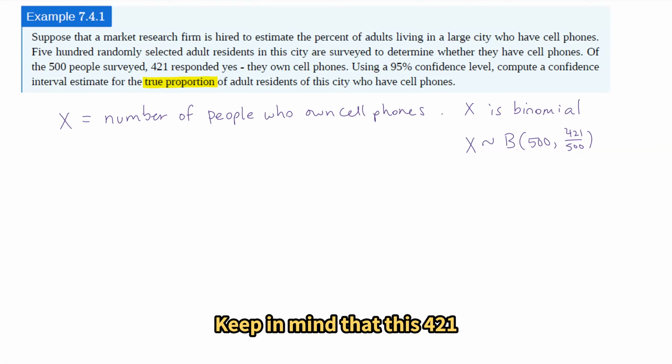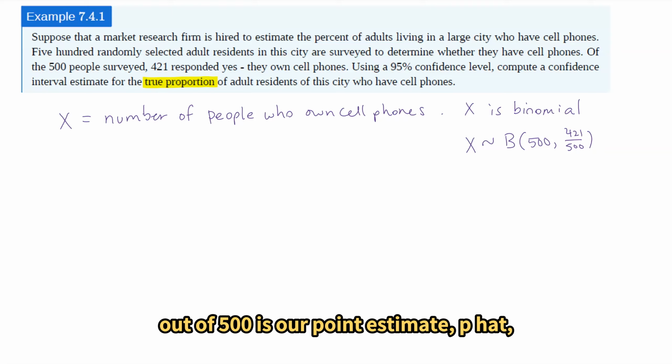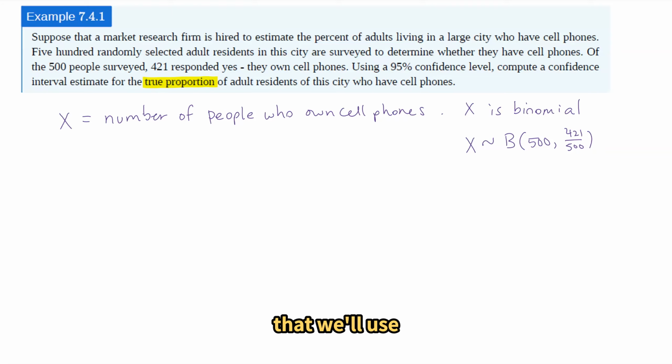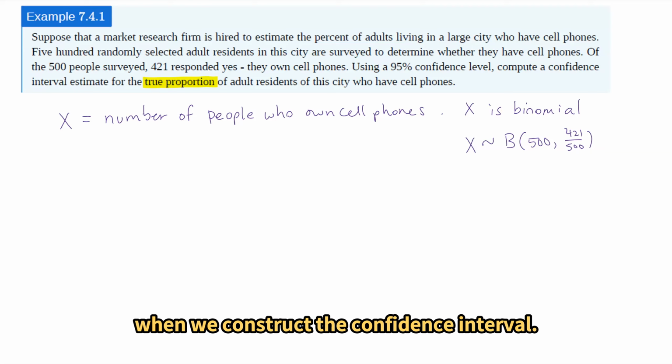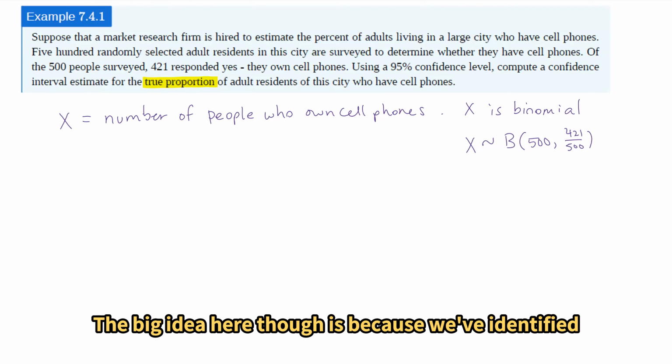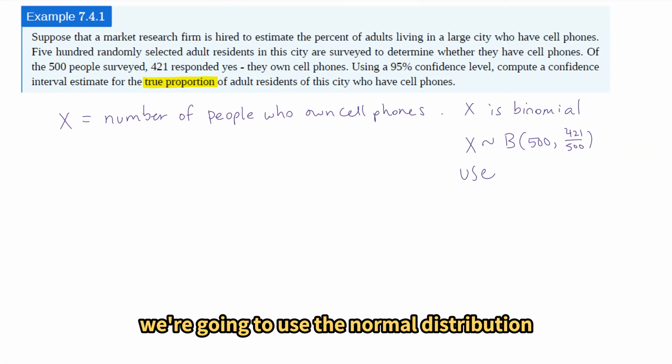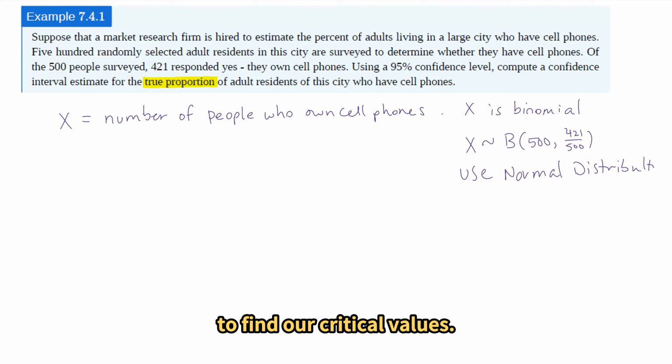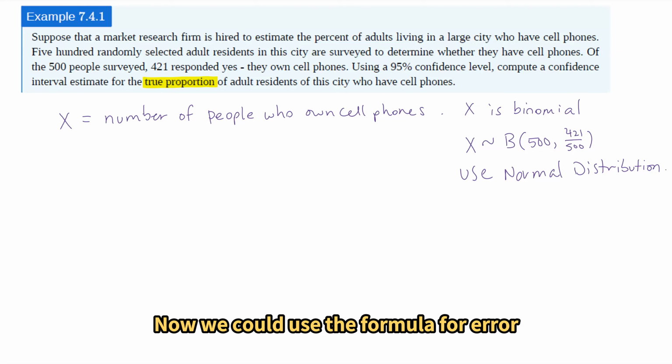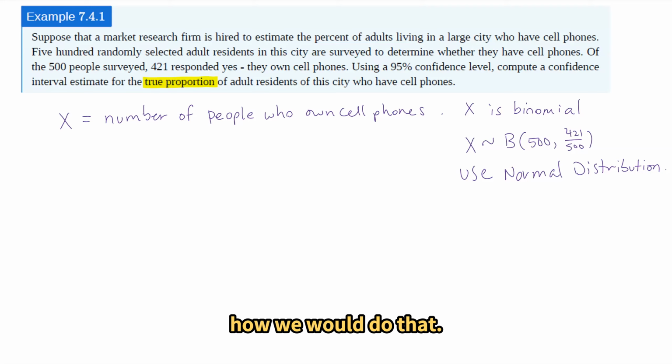Keep in mind that this 421 out of 500 is our point estimate p hat that we'll use when we construct the confidence interval. The big idea here, though, is because we've identified that it's binomial, we're going to use the normal distribution to find our critical values. Now, we could use the formula for error bounds, and the book steps through how we would do that.